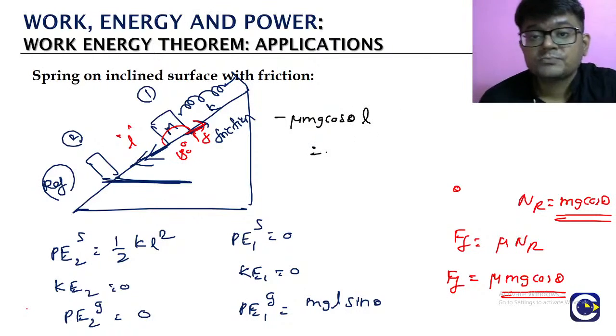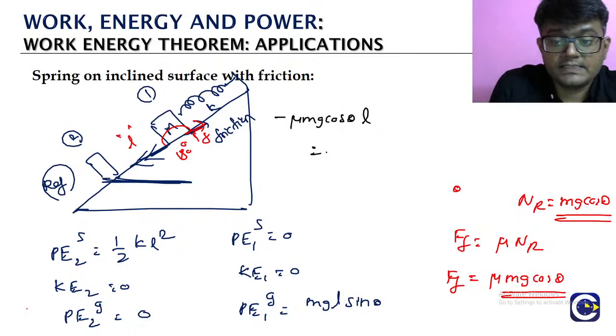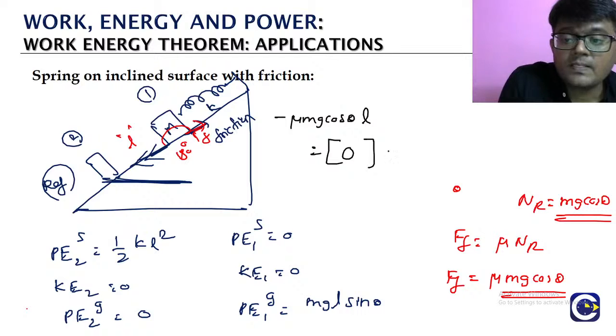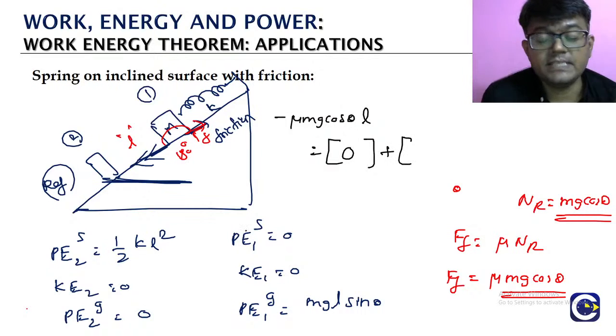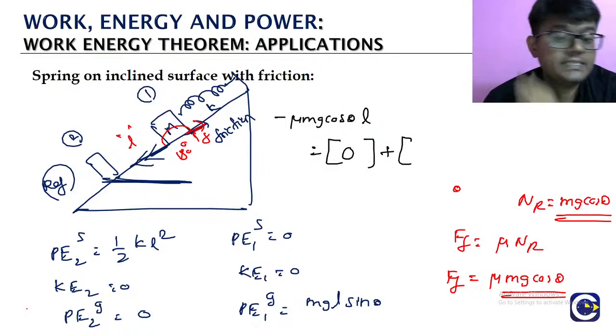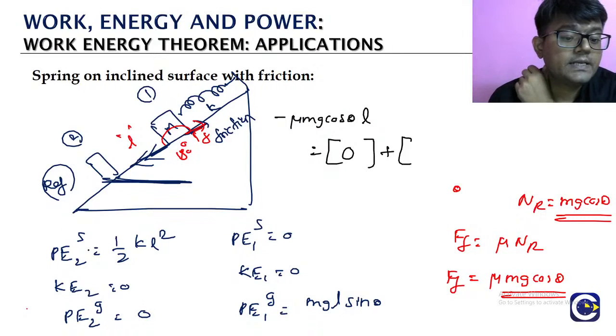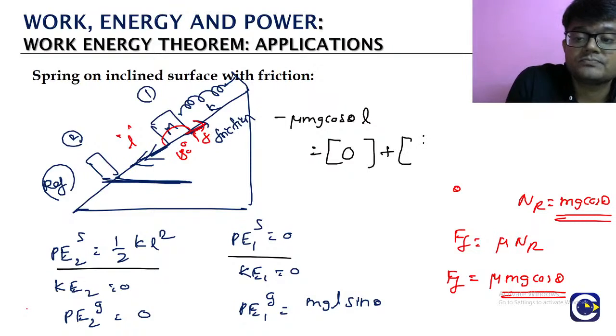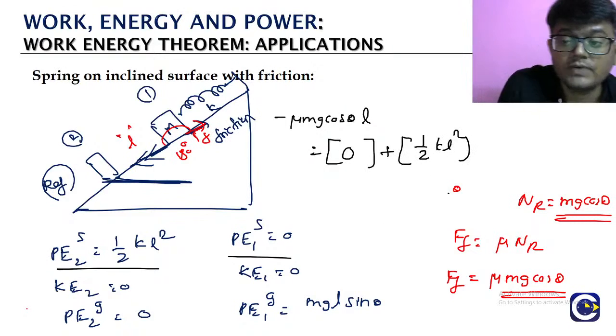Work done by the non-conservative forces and other external forces is equal to the change in kinetic energy. Initially kinetic energy is 0, final also 0. Plus change in potential energy, which means here we'll have two potential energy terms. Spring potential energy: change means final minus initial, half KL square minus 0, which is half KL square.